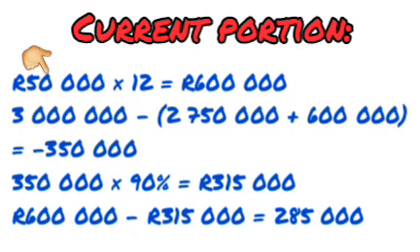So for my current portion of loan, they said I pay 50,000 per month. So I take the 50,000 rands, multiply it by 12 to get the annual amount, which is 600,000. Then with this 600,000, I'm going to take the amount that I owed at the end of last year, or the amount at the beginning of this year, which would be 3 million, and minus, open bracket, the amount at the end of this year, plus the amount of repayment, close bracket.